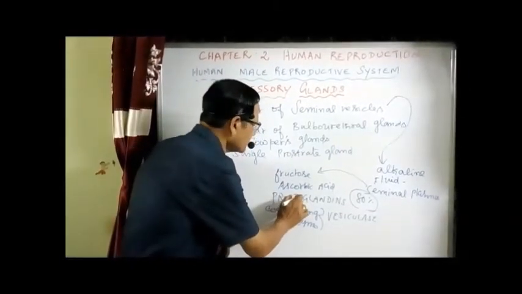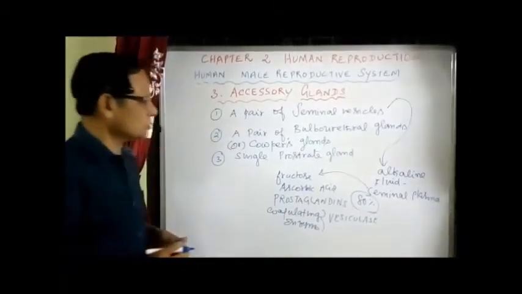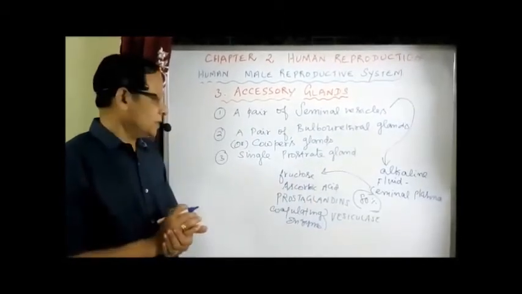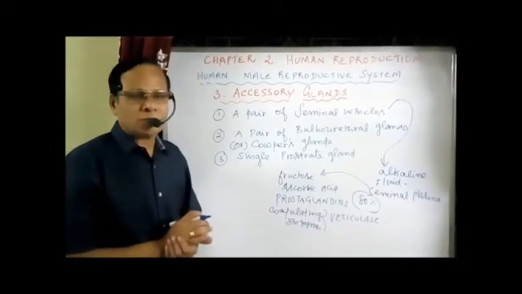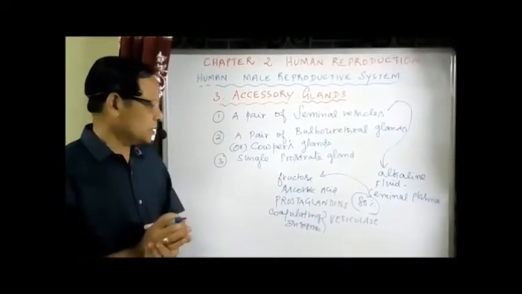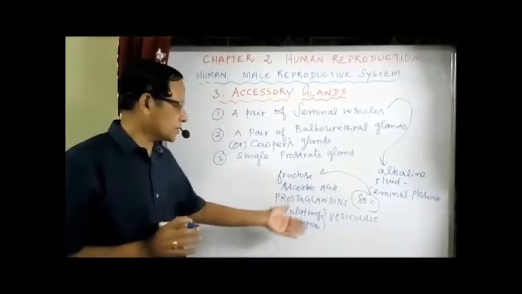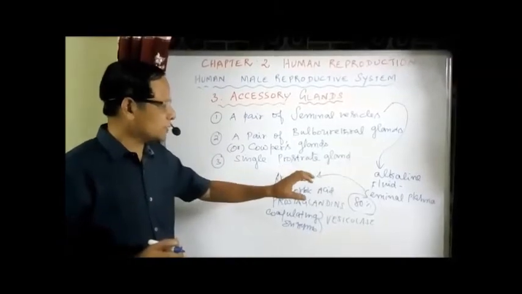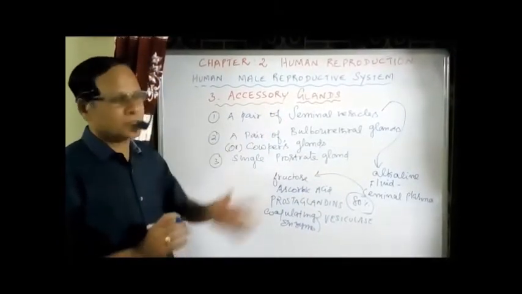We have different spellings in different books; I will take that as prostaglandins. Then the coagulating enzyme vesiculase normally enhances sperm motility. The sperm motility is increased because of the vesiculase enzyme. So that's about the seminal plasma secreted by the seminal vesicles.